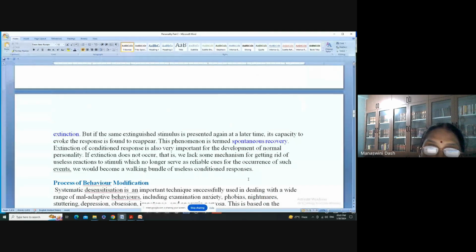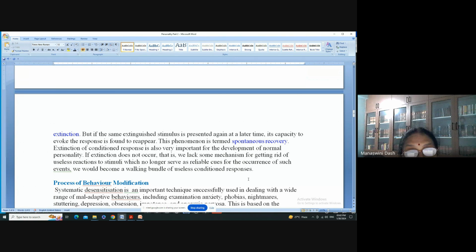This is called extinction. But if the same extinguished stimulus is presented again at a later time, its capacity to evoke the response is found to reappear. This phenomenon is termed spontaneous recovery.